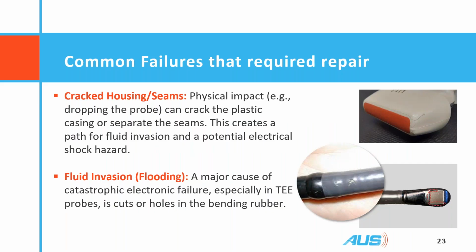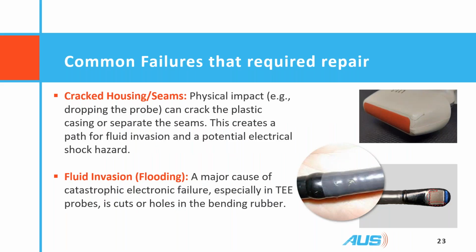Either way, you're asking for problems. If you have a probe with a cracked housing or a seam that's not completely sealed, you should remove that probe from service. This can also create a hazard from an electrical safety standpoint.